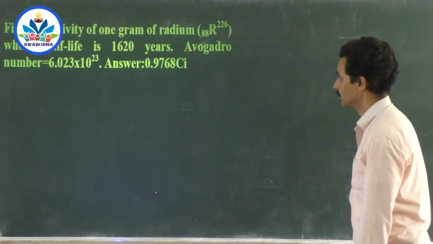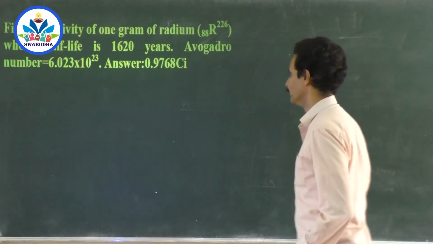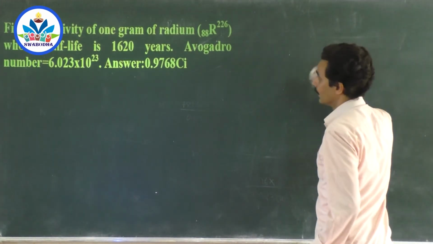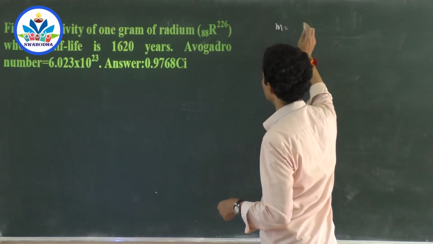That is activity. So do you want to find it in Curie? Yes, you have to find it in Curie. Okay, shall we start? Find the activity of 1 gram of radium. Mass is 1 gram.